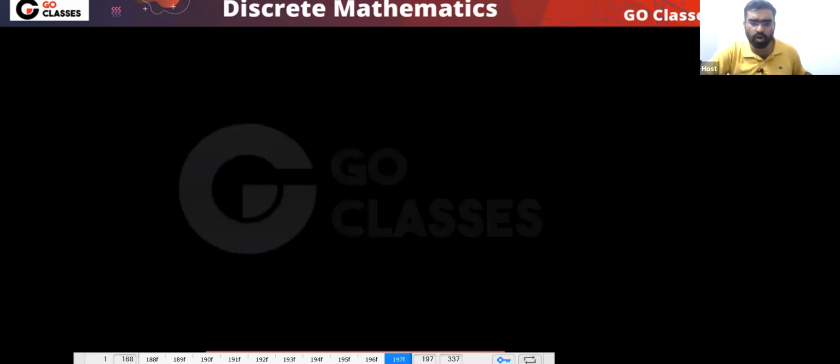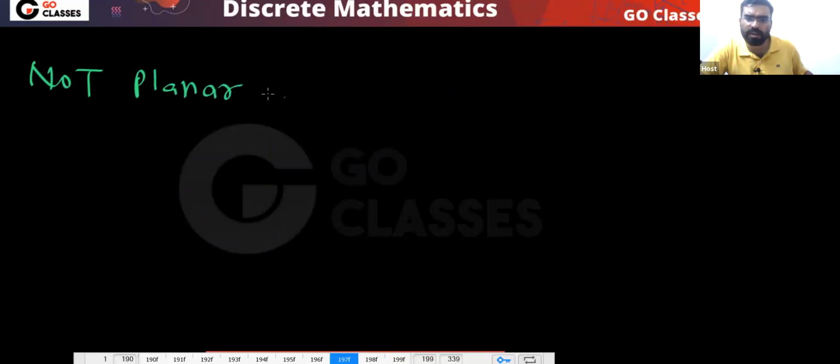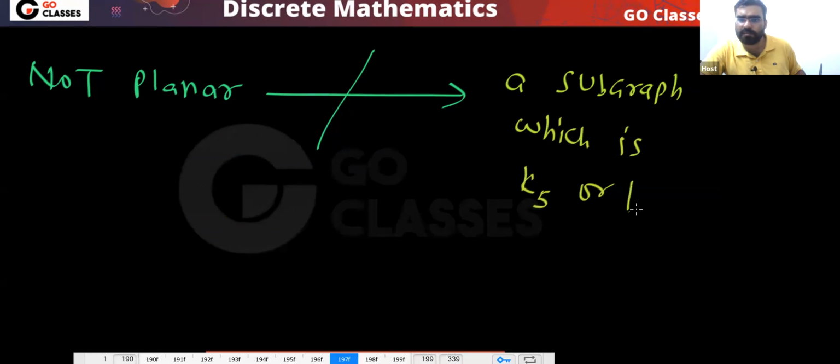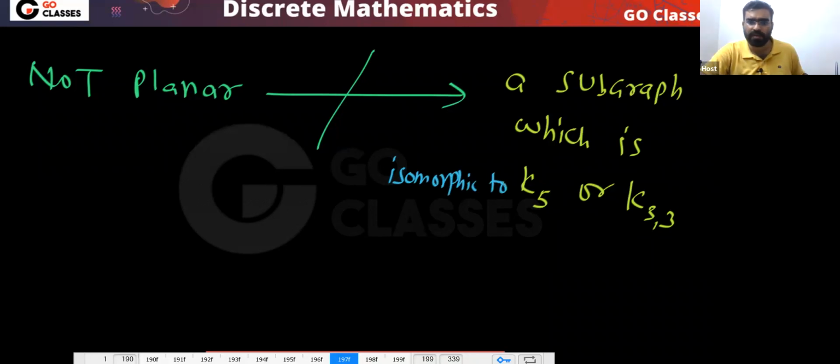If a graph is non-planar, it does not imply a subgraph which is K5 or K33, which is isomorphic to K5 or K33. Is this clear?